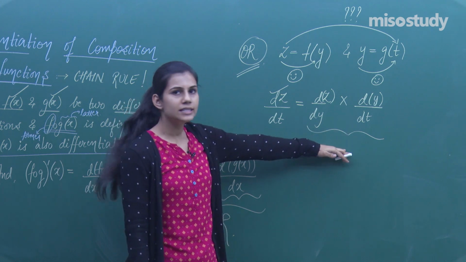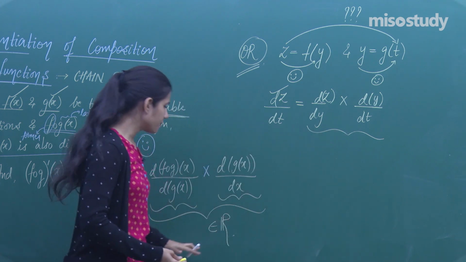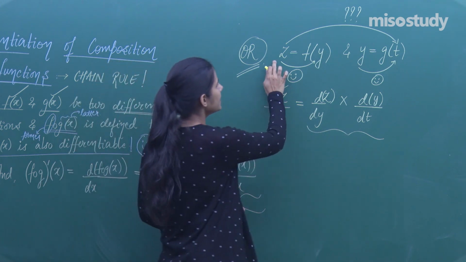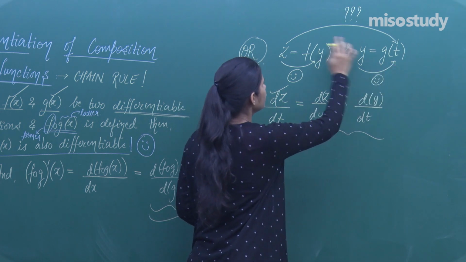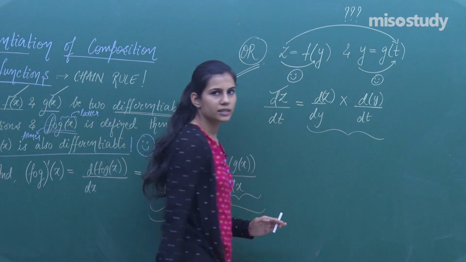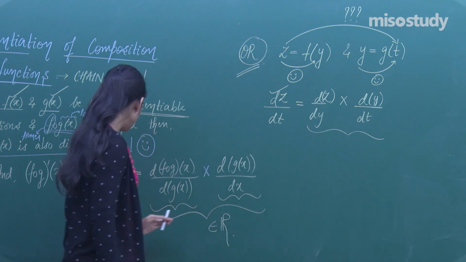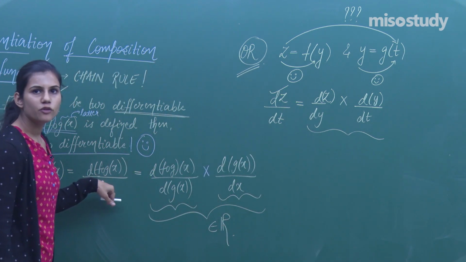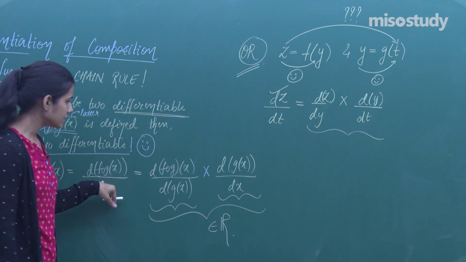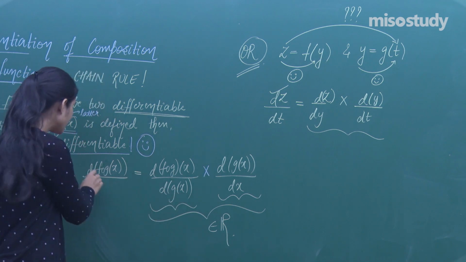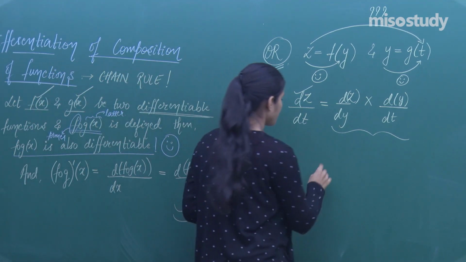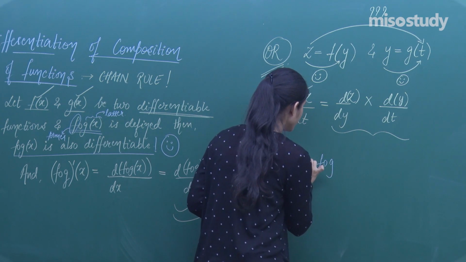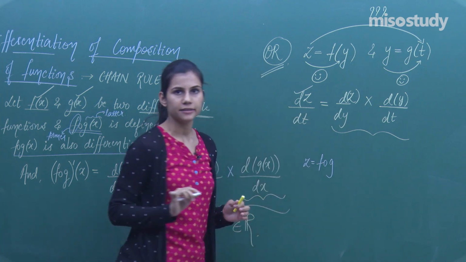Okay? How is this another interpretation of this result? I am saying z is a function of y is a function of t, you want the derivative of z with respect to t. Here what is happening? You have fog of x, right? What are you doing? I am saying the derivative of fog with respect to x. Please see. My fog is playing the role of z.